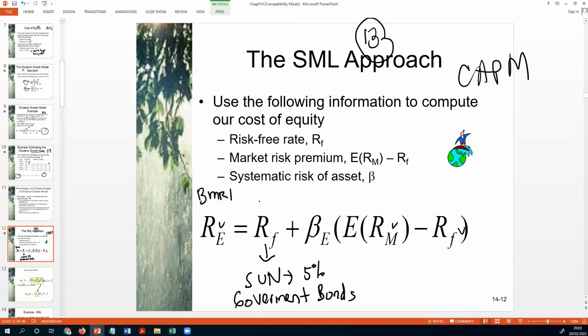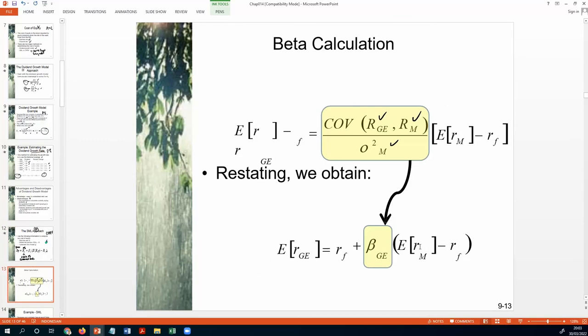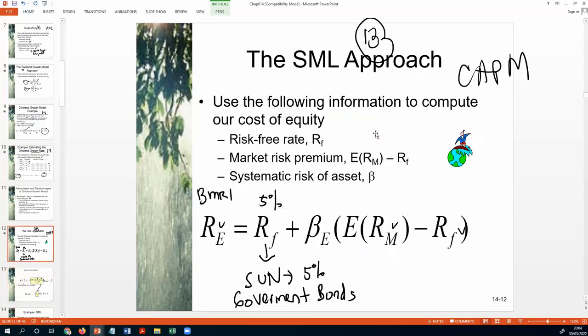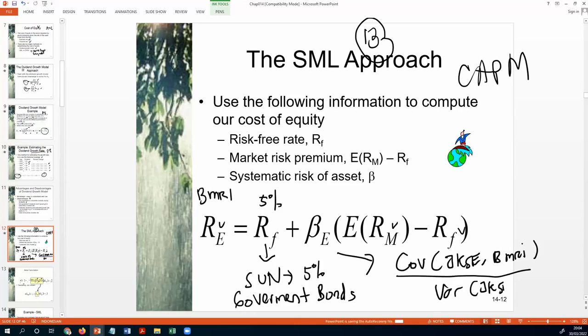The risk-free rate is the SUN, 5%. The beta is the covariance between the Jakarta Stock Exchange and Mandiri divided by the variance of the Jakarta Stock Exchange, because you want to put the expected return on Mandiri minus the risk-free 5%.